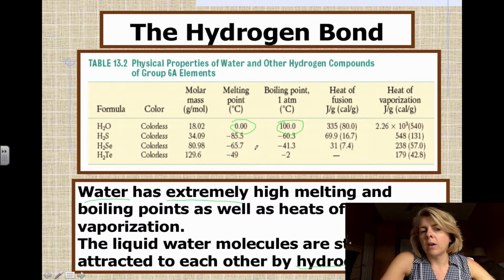They have a weaker attraction with each other. So because of that, they have a lower melting point, lower boiling point. So hydrogen bonding is a very strong attraction within molecules. Remember, it's not a chemical bond.